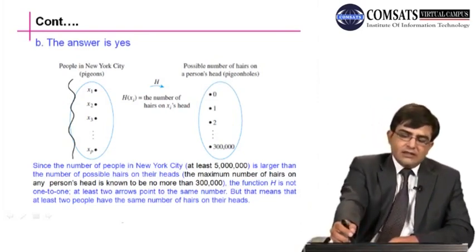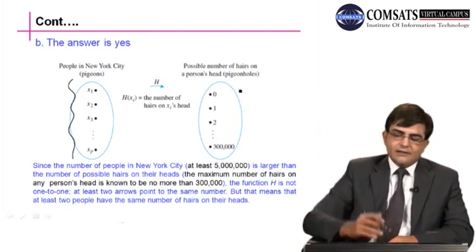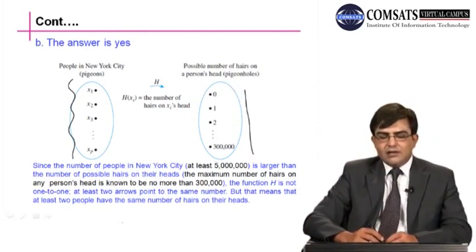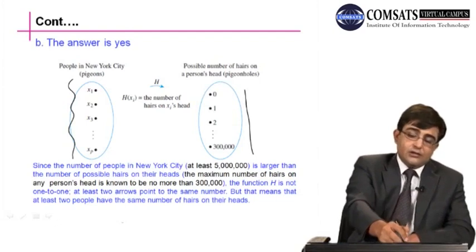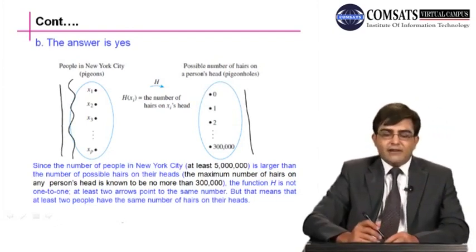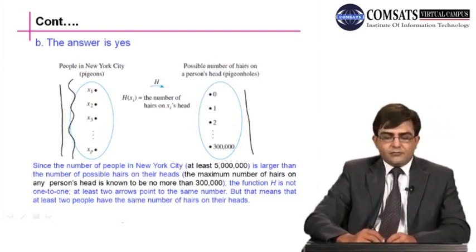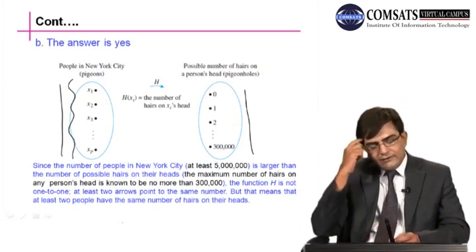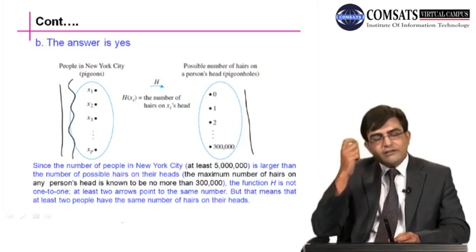So the codomain set contains basically 300,000 elements, and the domain set contains 500,000 elements, because there are approximately 500,000 people who live in New York City.